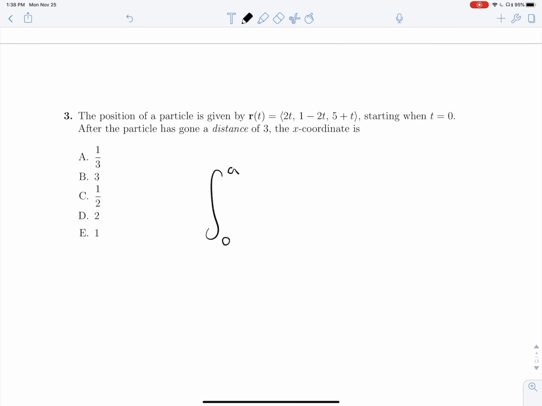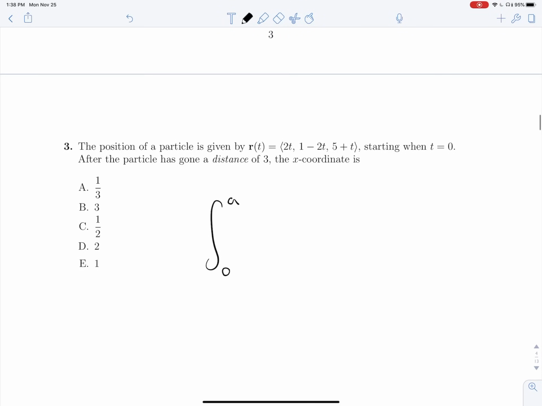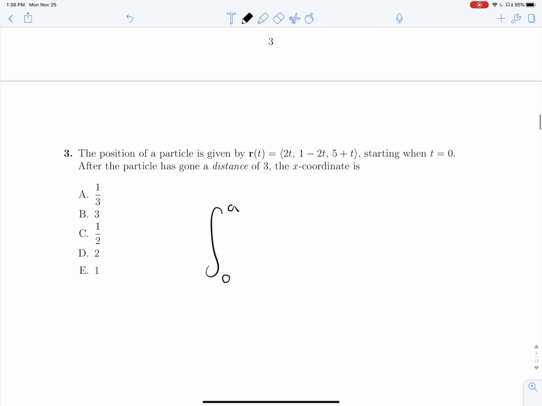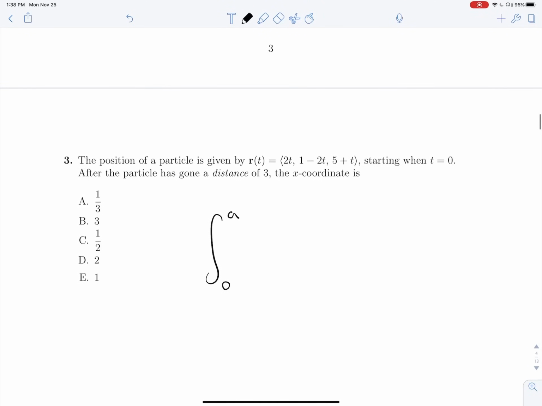And then we're going to need the square root of the sum of the squares of the derivative of r of t. And it's a lot less complicated than it sounds because r prime of t is just going to be 2, negative 2, 1, which when we set up our square root with 2 squared plus negative 2 squared plus 1 squared, that's just going to be 9.